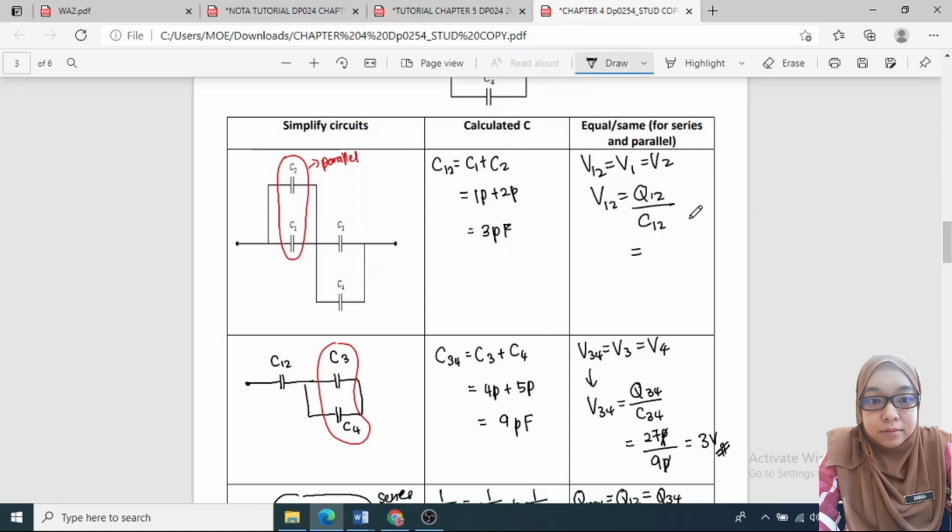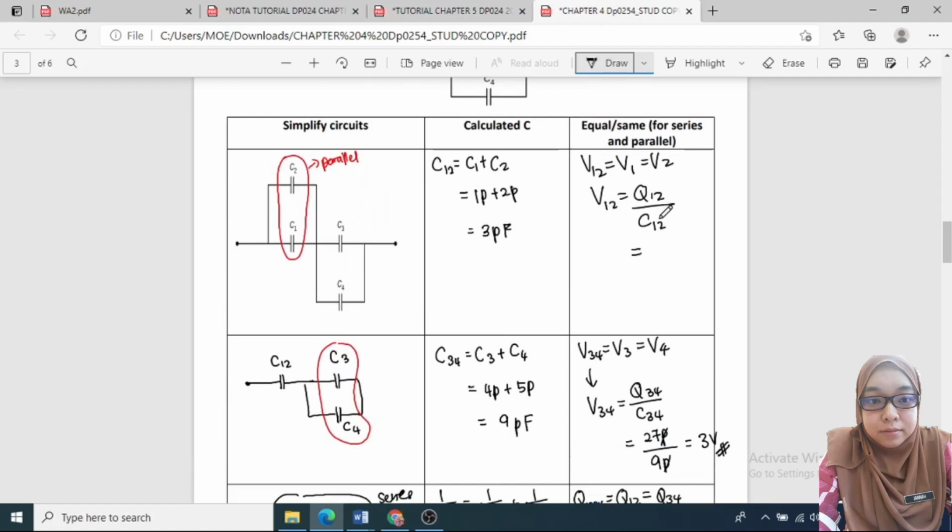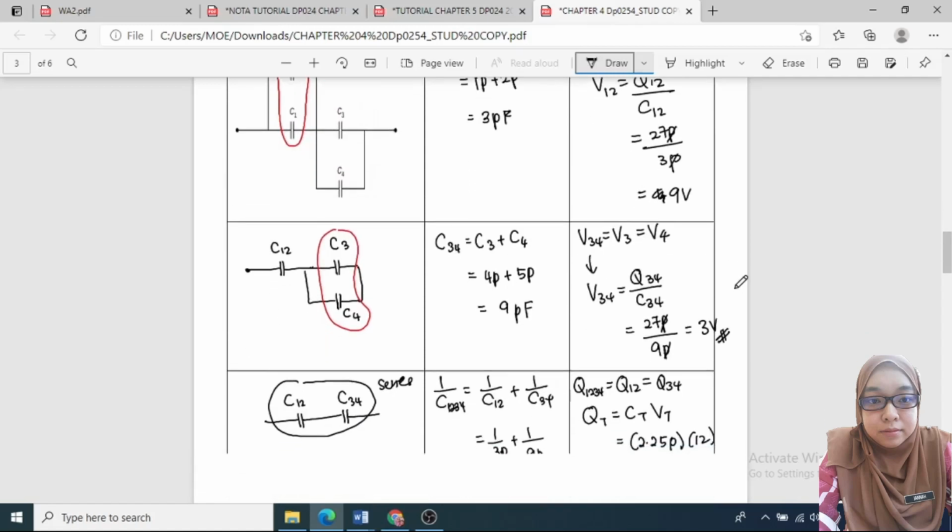So Q12 is equal to 27 pico divided by C12 is 3 pico. So you get 9 volt. 9 volt for V12.